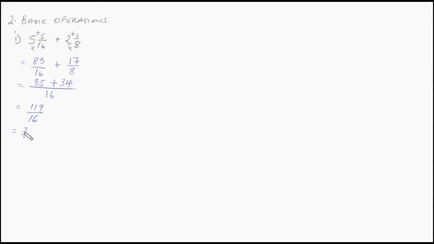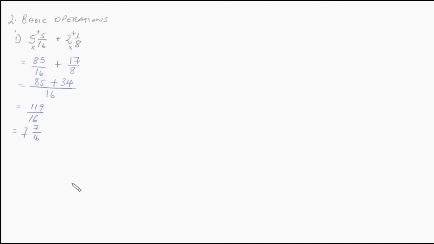What does it leave? 16 into that goes 7 times. So what does it leave? It leaves 7. It leaves 7 over 16. So this would be an answer. Okay? Now let's continue and see what we can do.